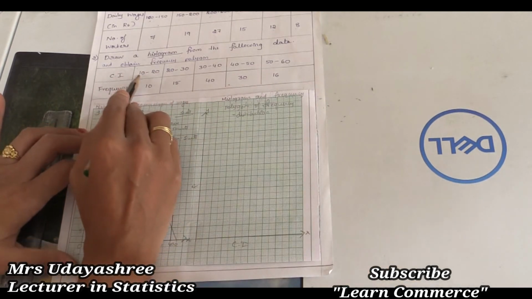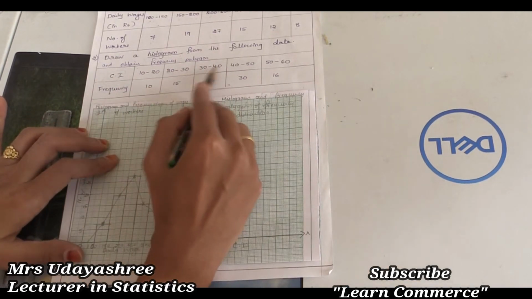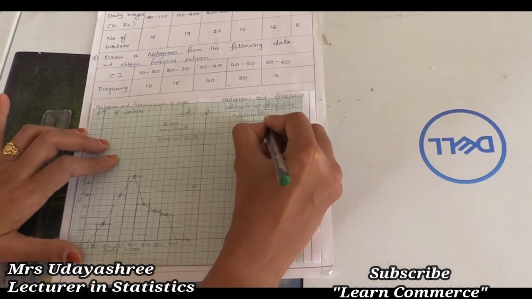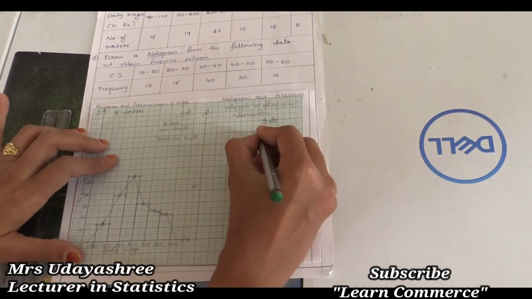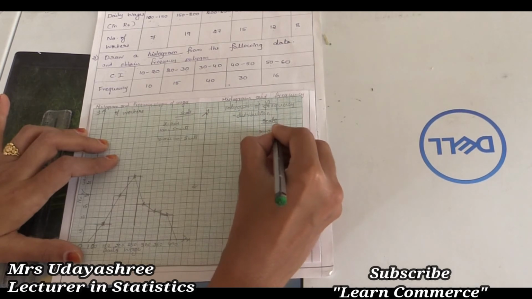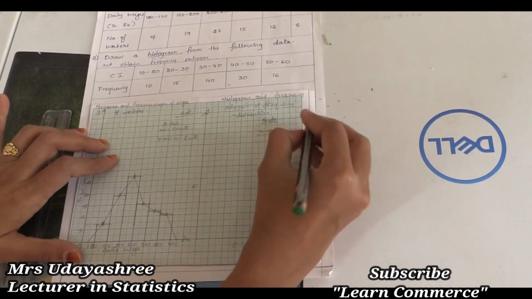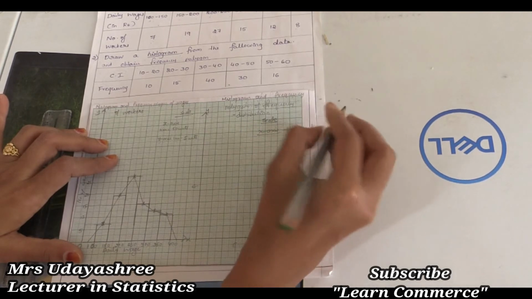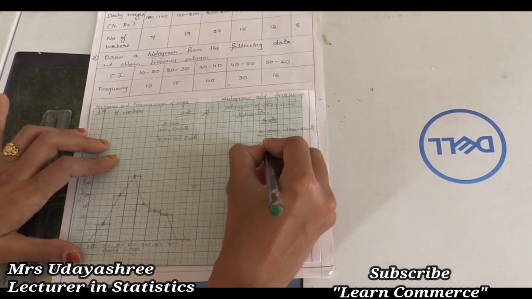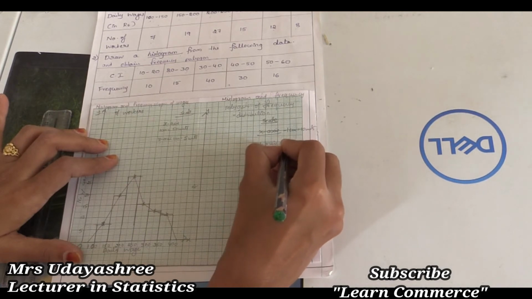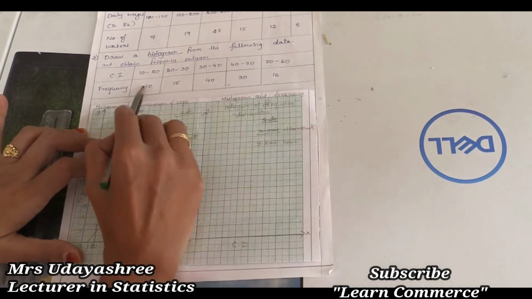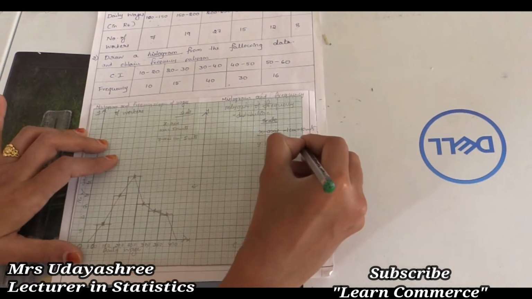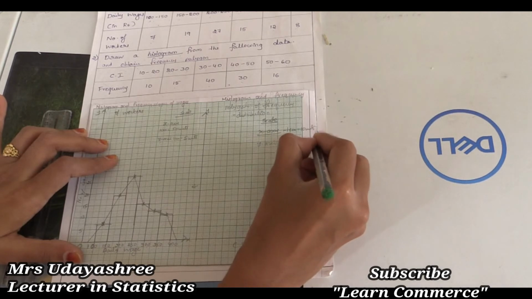See class interval observations, that is 10 to 20, 20 to 30, 30 to 40, 40 to 50 and 50 to 60. Therefore, suitable scale for x-axis is 1 centimeter equal to 10 units. Scale for y-axis: see 10, 15, 40, 30, 16 is there, so suitable scale is 1 centimeter equal to 5 units.